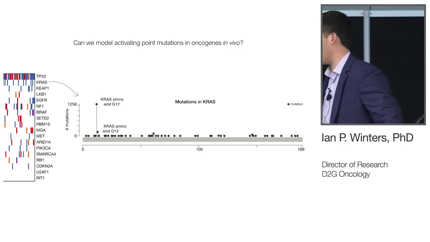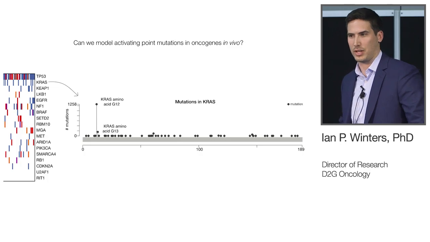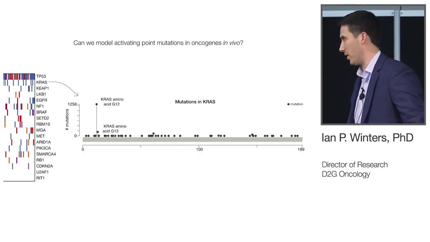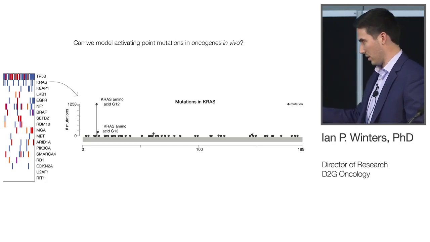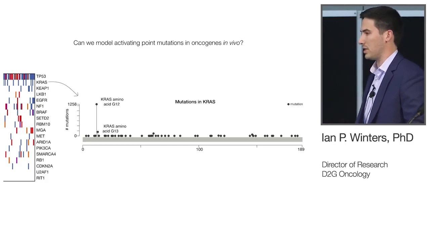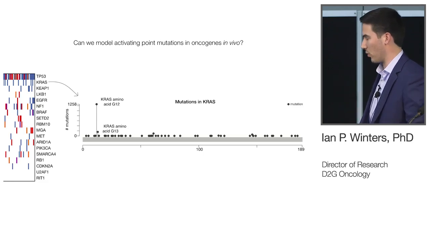So we're missing, in terms of our scalability, the ability to test activating point mutations in oncogenes. We can't use this CRISPR system to do that. Like for example, in KRAS, of course, there's this KRAS G12 and G13 hotspot where 97% of mutations in KRAS occur. And using the CRISPR system, it's super hard to model this, at least the system that we had designed.